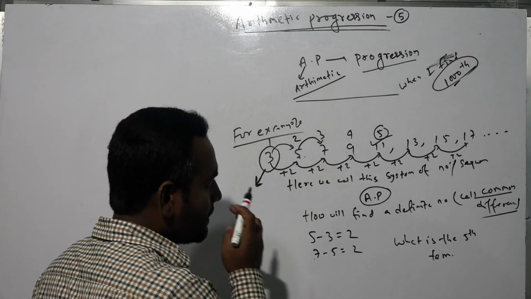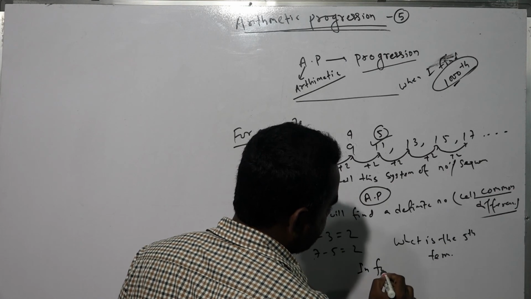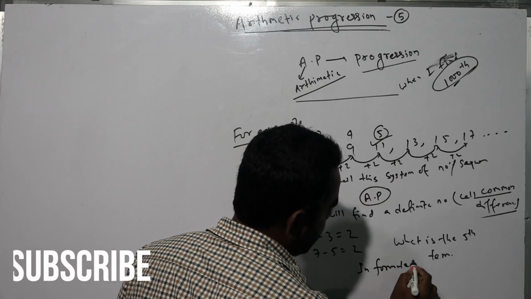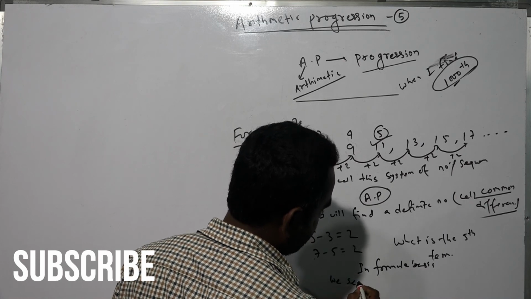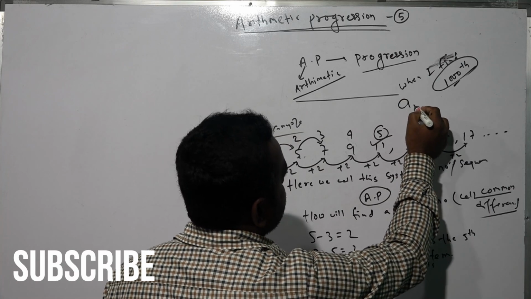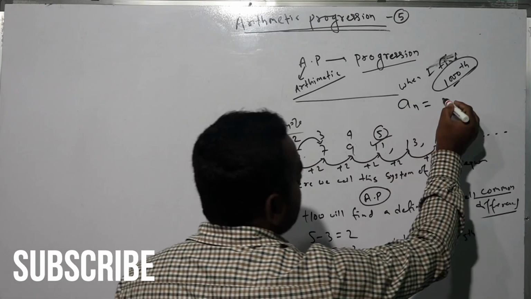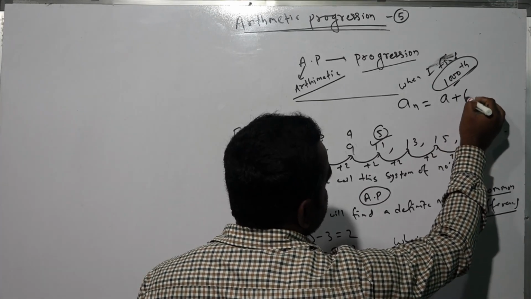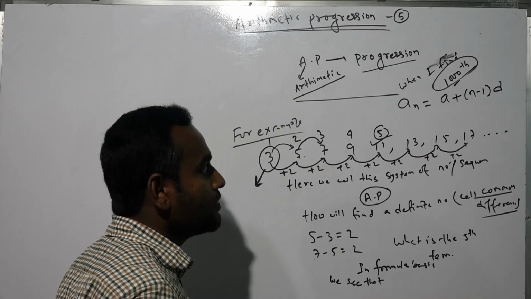So, on the basis of a formula, the nth term a_n equals a plus n minus 1 into d.